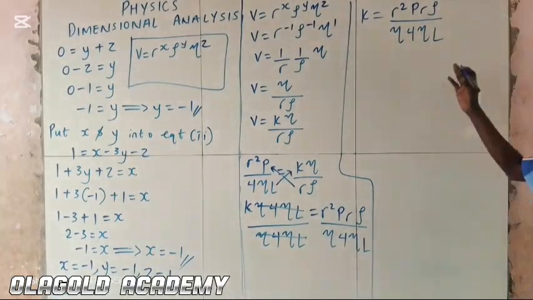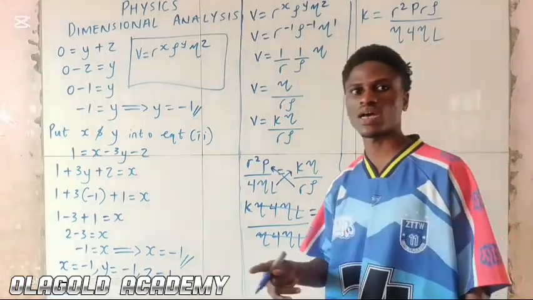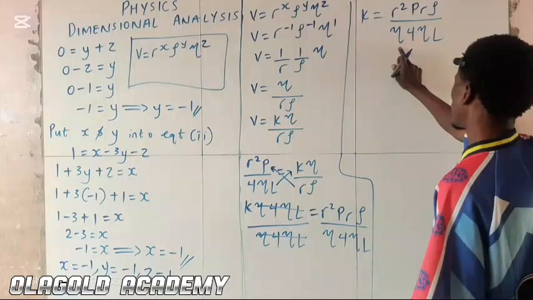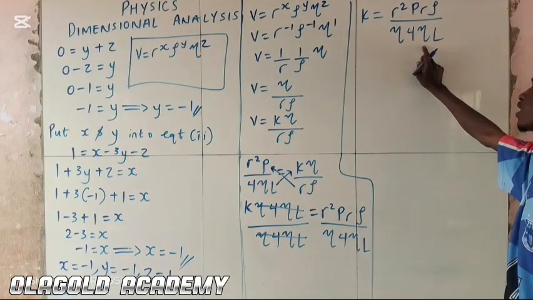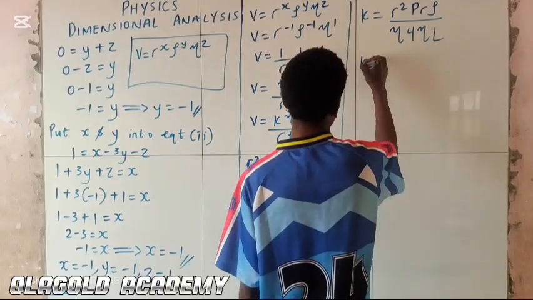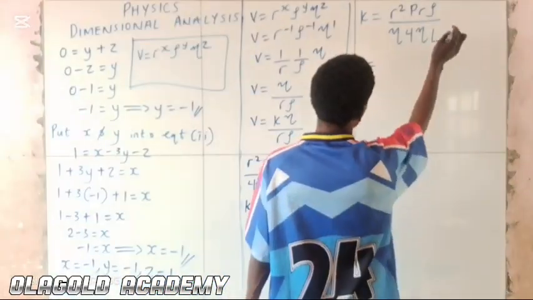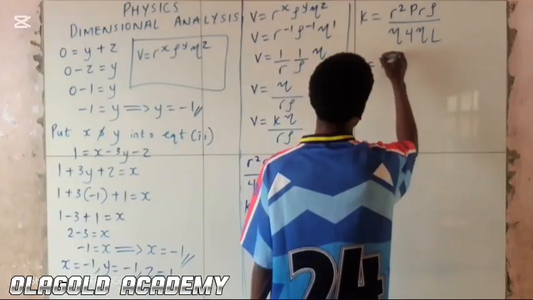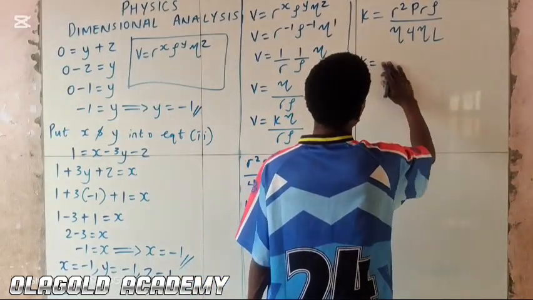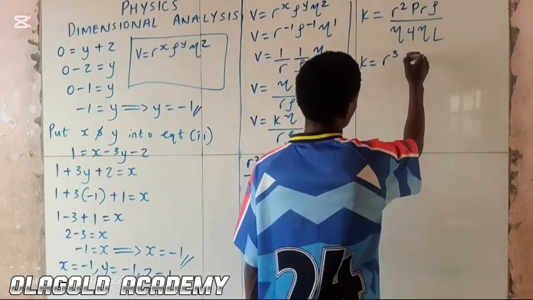If you watch carefully, you can see that r and r are the same, eta and eta are the same. So we're going to have k equal to, let's take r first, r cubed and rho.